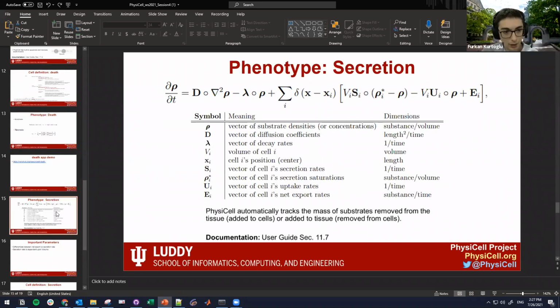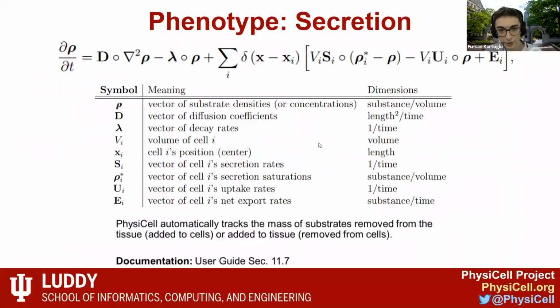Okay. In the secretion, this is the main formula of BioFVM that is solved in each dt. This is again a PDE, on a point of voxels.